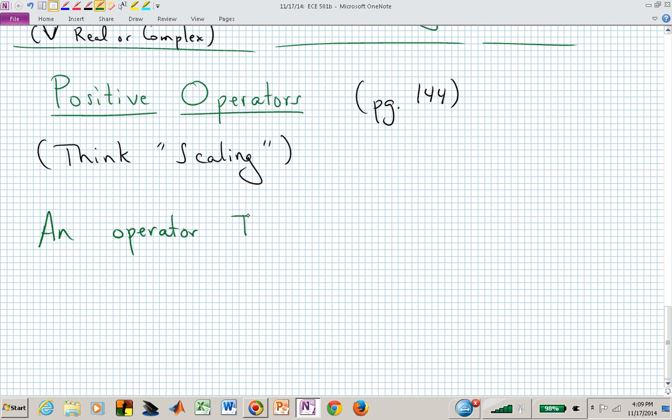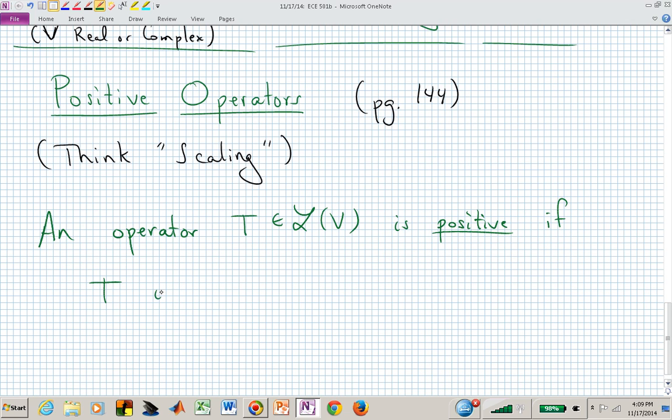An operator T, so that really says you have a linear operator T on this inner product space V, is positive if two things are true.